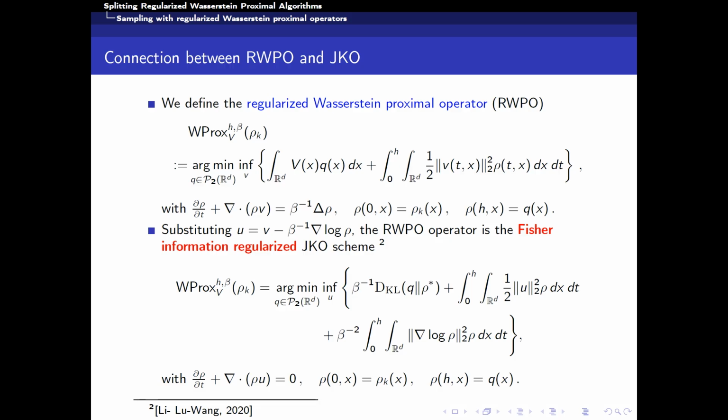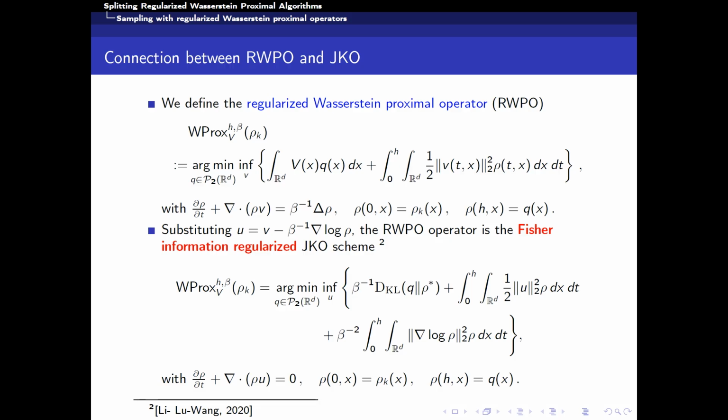But there is actually a very nice connection between this operator and the classical JKO scheme. If we do some very simple substitution, something like this, we can say that this regularized Wasserstein proximal operator is actually equivalent to a Fisher information regularized JKO scheme. So, for example, if we do a substitution like this, you will see that the constraint over here will simply become the continuity equation, and if you do a change of variable and integration by parts two or three times, you will arrive at an optimization functional that is the same as this.